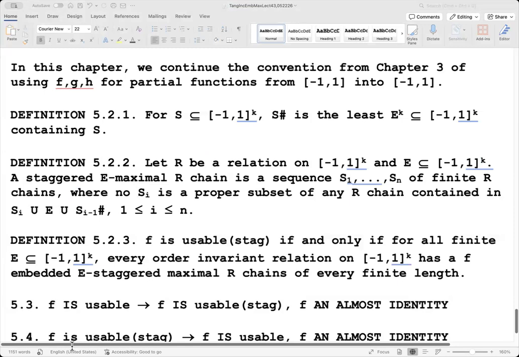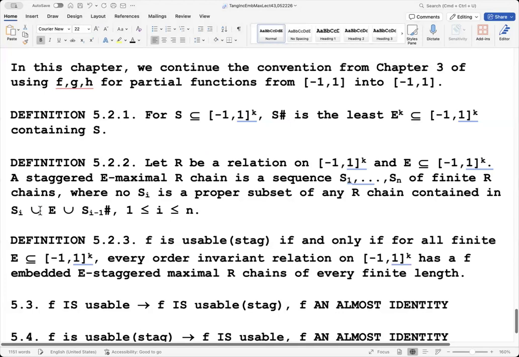Well, now, what is a maximal arc chain? If I were to say something much stronger, that SI is a maximal chain, I'd be saying that SI is not a proper subset of any arc chain.